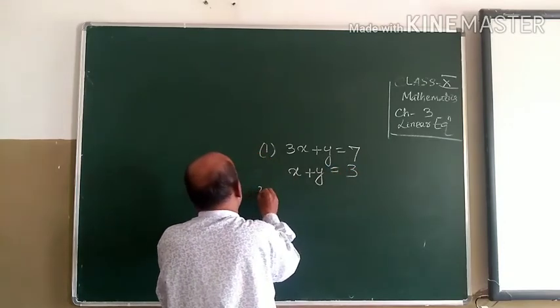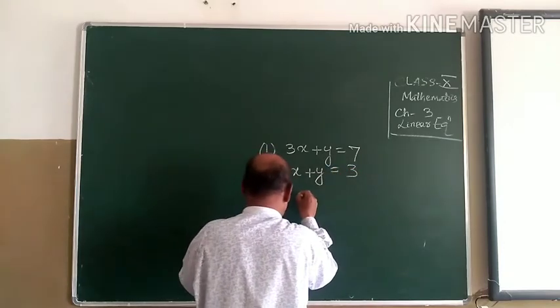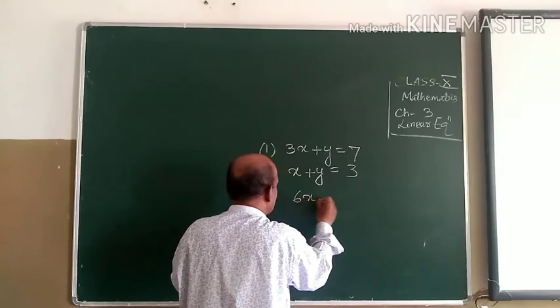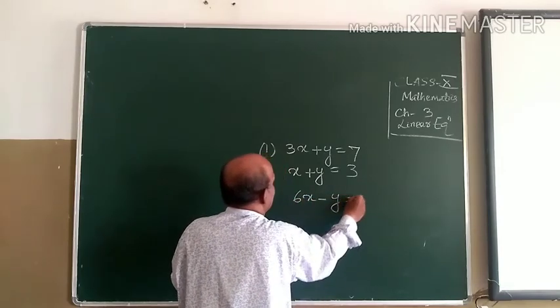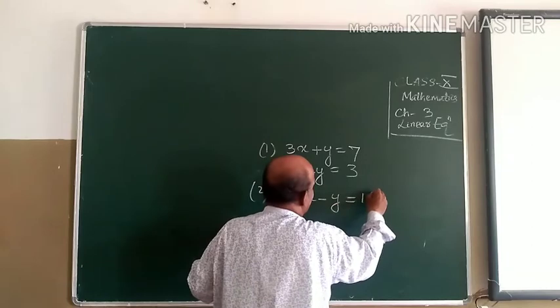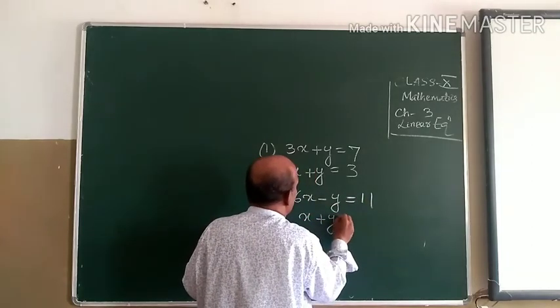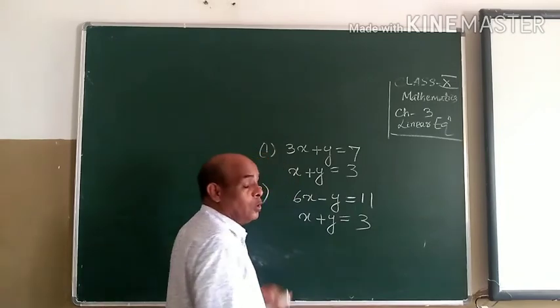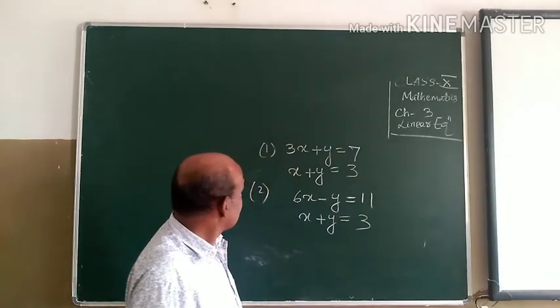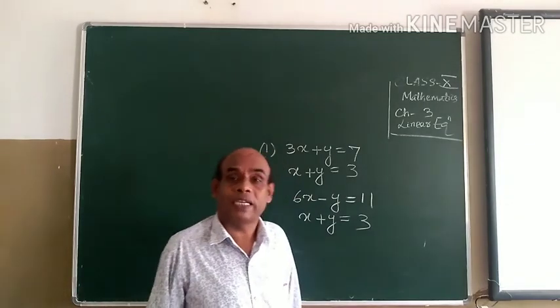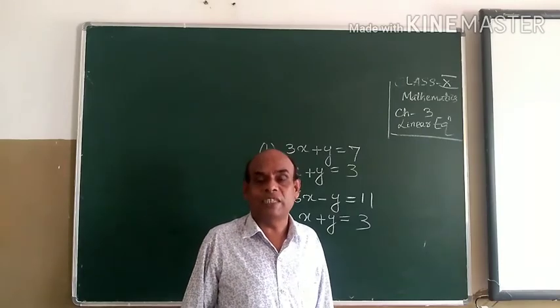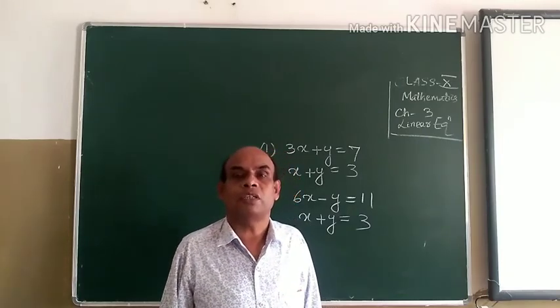Question number 2: 6x minus y is equal to 11, x plus y is equal to 3. In these questions you have to find the value of x and y by using the substitution method.